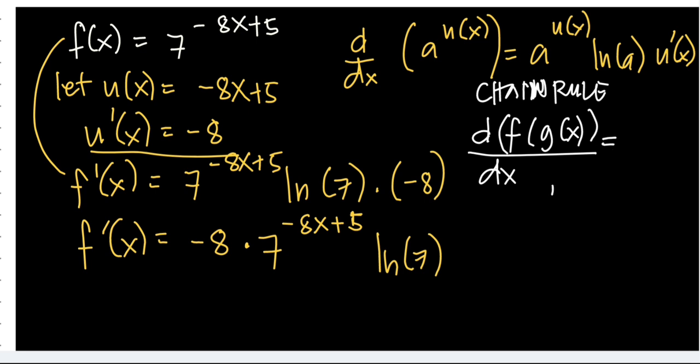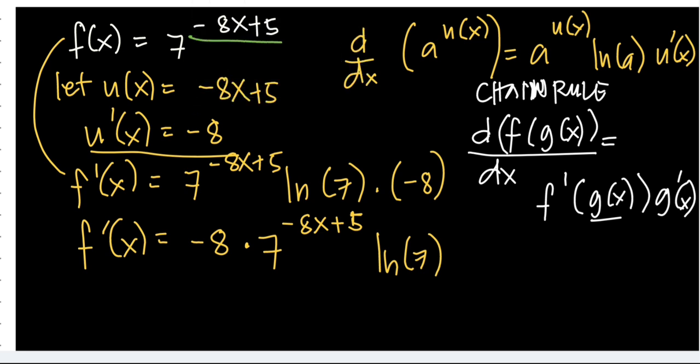So this is just equal to the derivative of f of g of x, then derivative of the function inside it. So that one is the chain. If you use chain rule here, you let u as negative 8x plus 5, or u of x, then you get u prime of x. Yeah, you need to practice more on this. You can go to the next page.